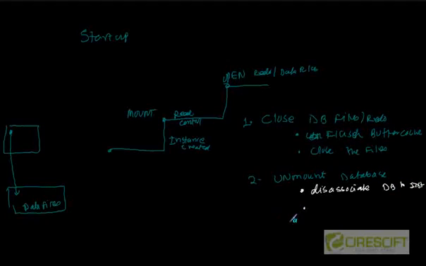Then the next step is to close the control file. Okay, so then the unmount is done, and the last step in the database shutdown process is shutting down the instance.